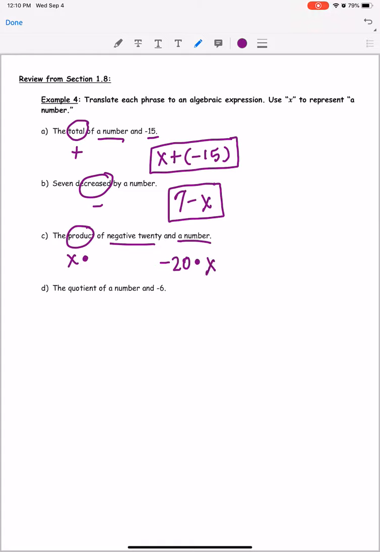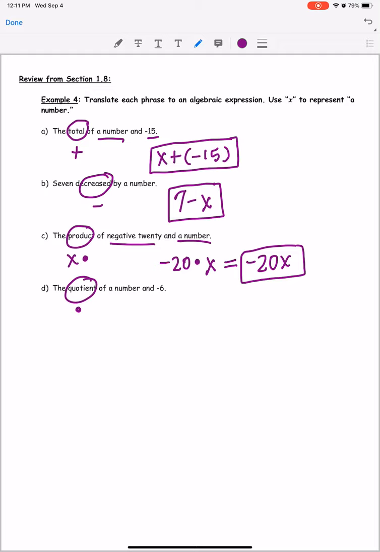Now this one is technically just fine. You can have negative 20 times x. But really and truly, we need to get in the habit of not only writing it this way, but also seeing it this way. That more simply, this is a negative 20x. Right? No operation. That means those are being multiplied.